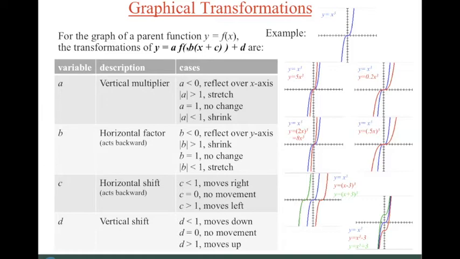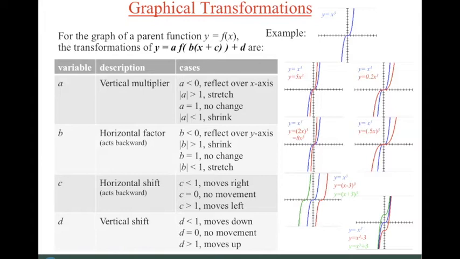So if we're looking at the variable a, notice a is out front of my function. It's multiplying the whole function. The whole f of x gets multiplied by a. And so that is a vertical multiplier. Vertical multiplier because it's outside of f of x. Everything that happens outside of essentially that function itself is going to affect the graph vertically.